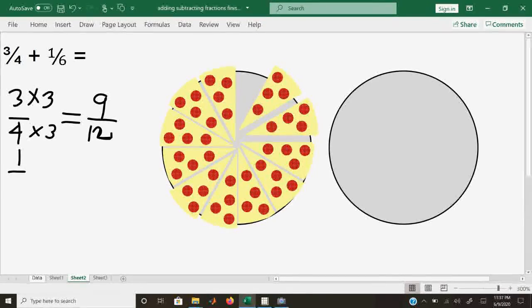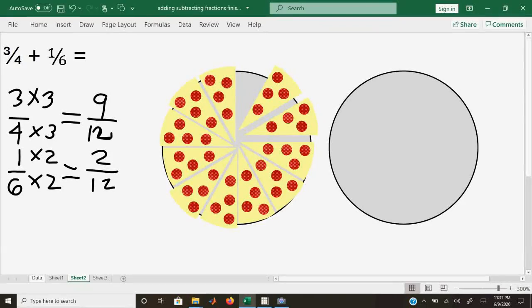We go to our 1/6, and to get 12ths, we had to multiply by 2. And we found that we ended up with twice as many pieces when we did that. So we multiply 2 times the 1.